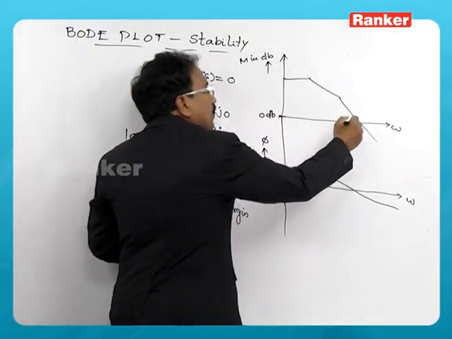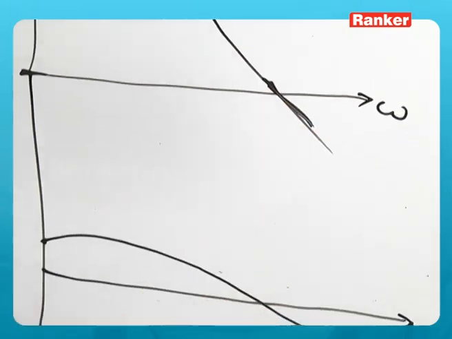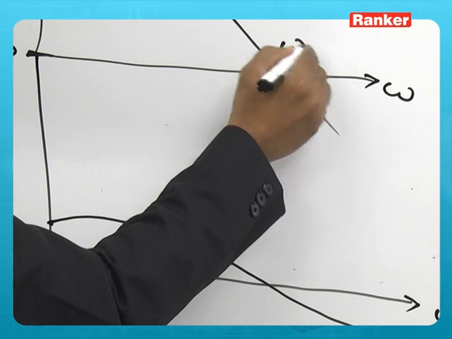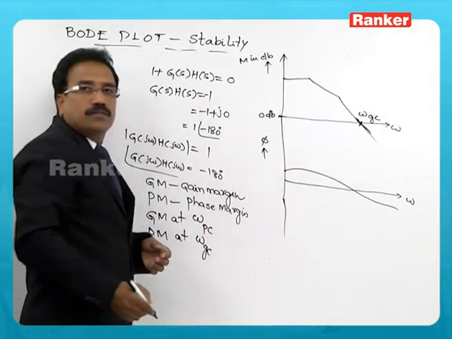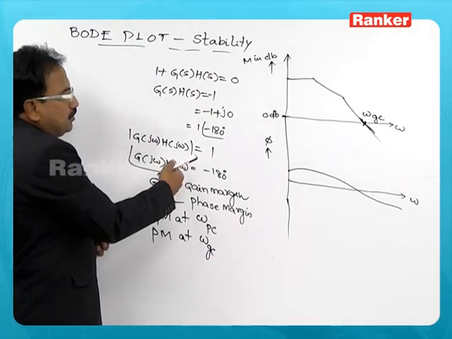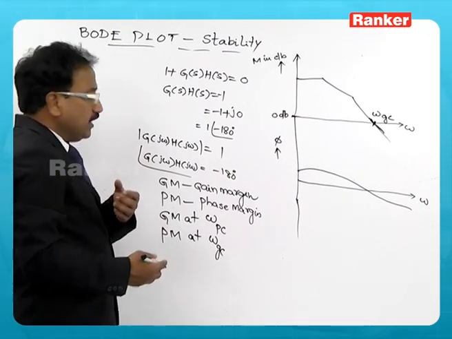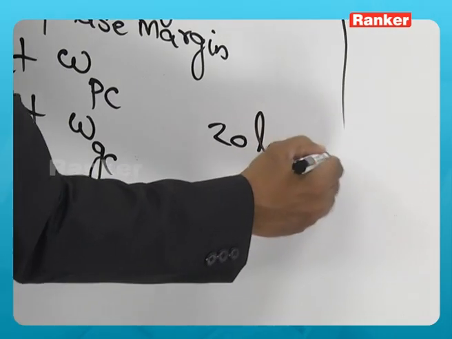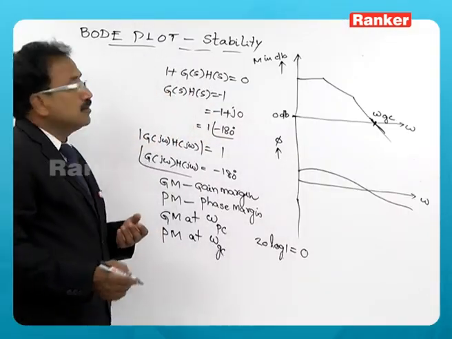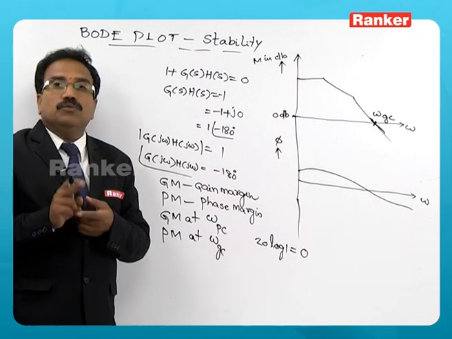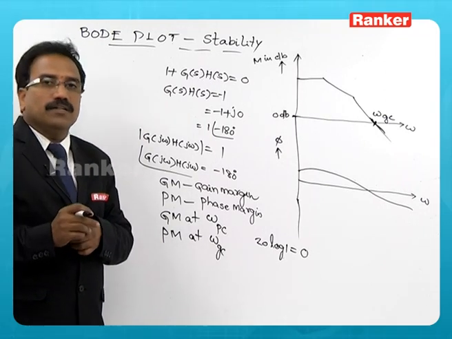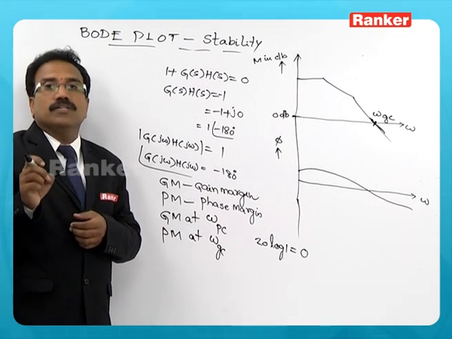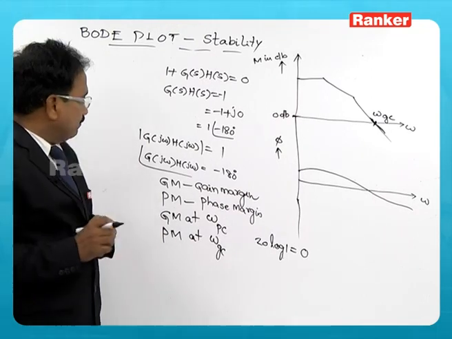When the magnitude plot crosses the 0 dB line, that point is known as omega Gc, because as I said, the magnitude is given by 1, and 20 log 1 is 0. So, whenever the magnitude plot crosses the 0 dB line, we consider that point as the gain crossover frequency point.